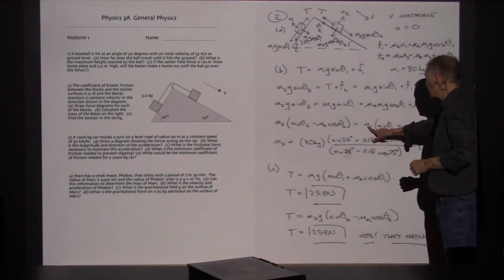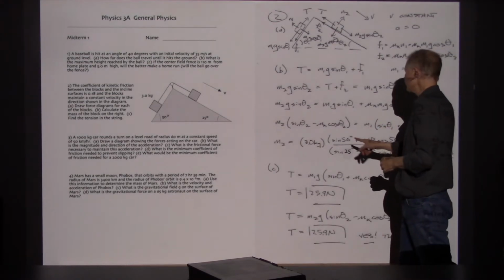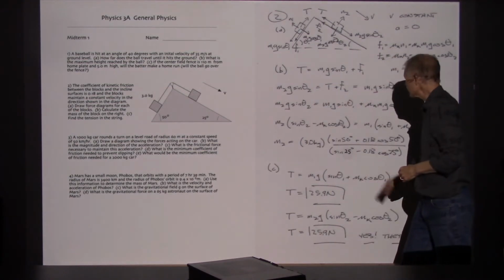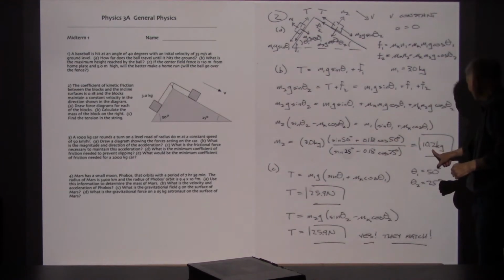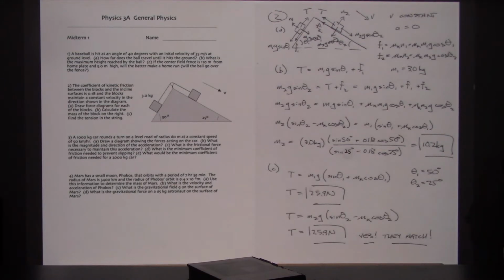And meanwhile, I combine the factors on this side. And so what I ended up with was this formula. Now I can divide through by this, and then I started putting the numbers in. And what I got for M2 was 10.2 kilograms. That is a lot more than M1. So I'm thinking that probably is a reasonable number.